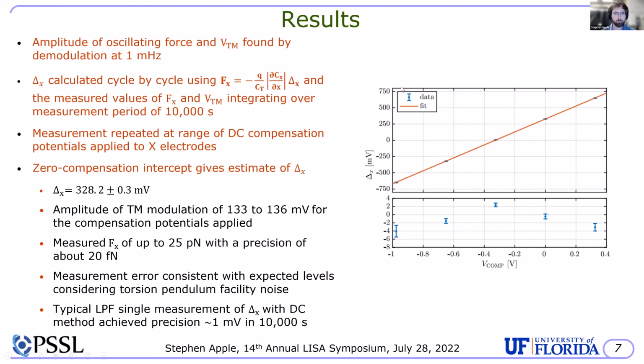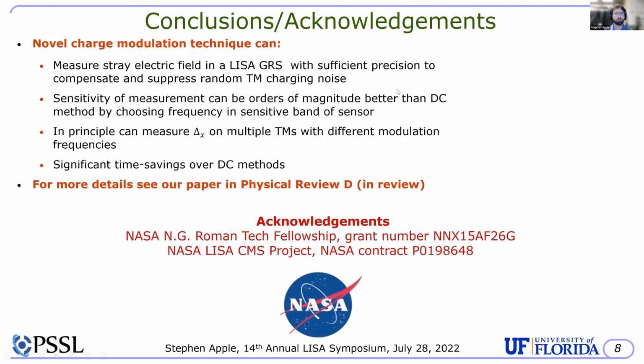Okay, so just to wrap up really quickly, with this novel charge modulation technique, we've demonstrated that this is an effective technique for measuring the stray electric field in a GRS with sufficient precision to compensate and suppress random test mass charging noise.